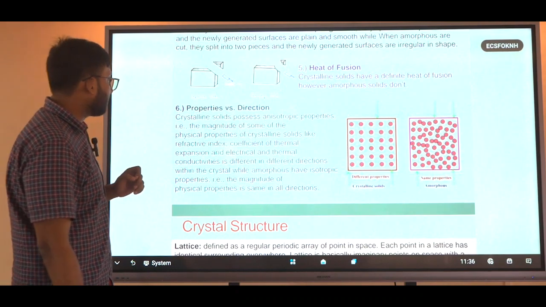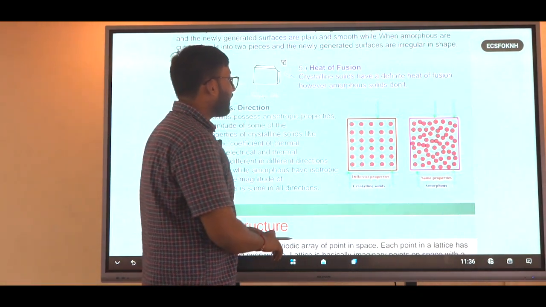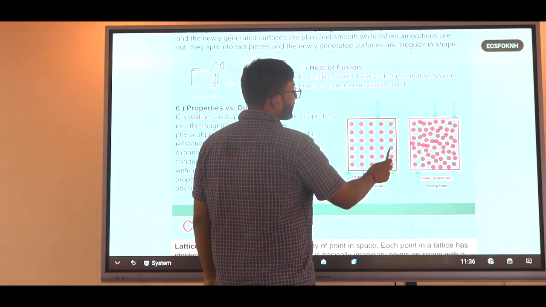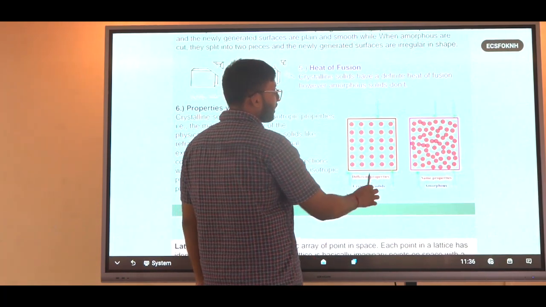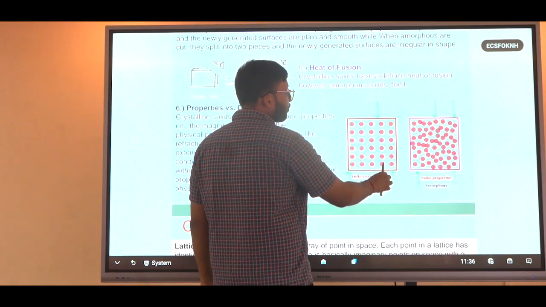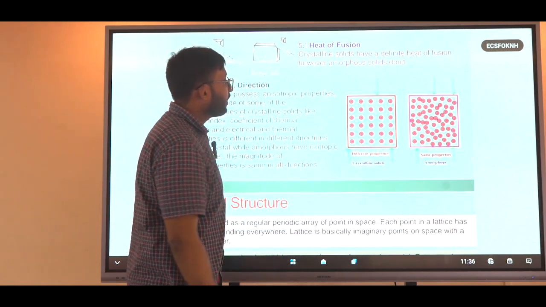Coming to the sixth point, that is properties versus direction. This is very interesting because in a crystalline solid, if I move along this direction, I find a number of atoms or molecules. But just adjacent to it, if I move, I will find no atoms along that direction.